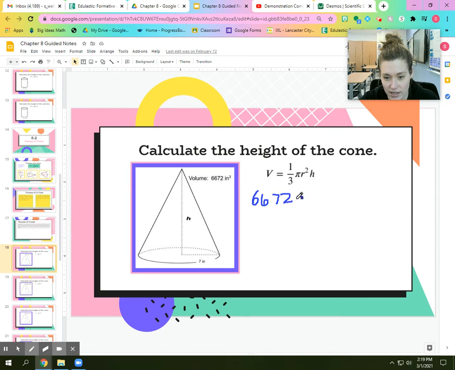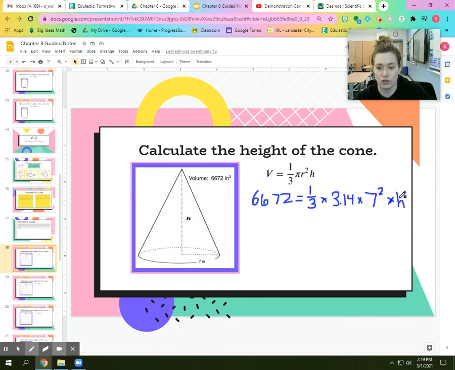So I say volume equals, it's a cone, so we do the 1/3 times pi, 3.14, times the radius, halfway across the circle, 7 squared, and we don't know the height, so I just say times h. Okay, we're solving for h, so think of it as an algebraic equation. We want to get h by itself. First thing I'm going to do is simplify everything over here that I can, right?